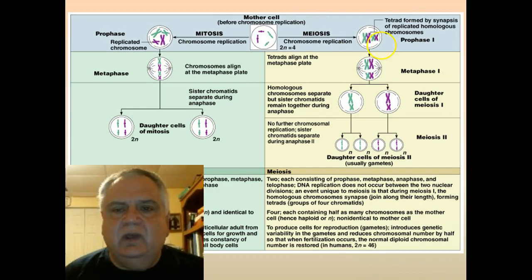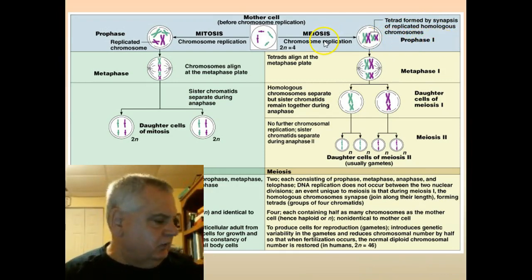This results in two what we call tetrads. These tetrads are formed by a process called synapsis. Synapsis is the process in which these chromosomes will align. So the two long chromosomes will align with one another, and the two short chromosomes will align with one another to form tetrads. We have one tetrad here and one tetrad here. And this occurs during prophase 1 of meiosis.